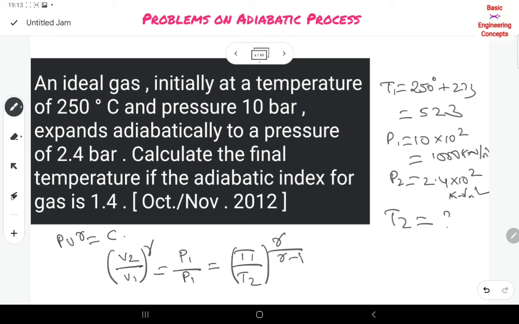Here P1 is given, P2 is given, and T1 is given. So everything is given and you can simply put in the values.